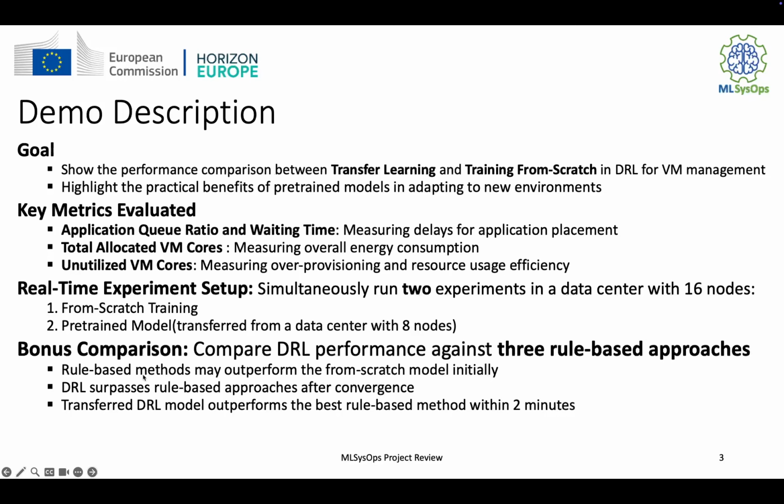And the third and more critical point is that we will see that the transferred DRL model manages to outperform the best of the three rule-based methods within 2 minutes. So it actually reapplies knowledge, and not only outperforms the from-scratch model, it also outperforms the rule-based methods very fast, in a very short period of time.